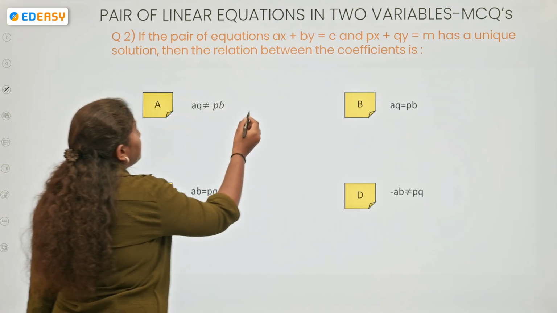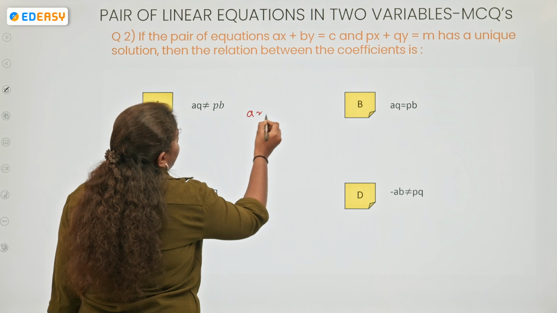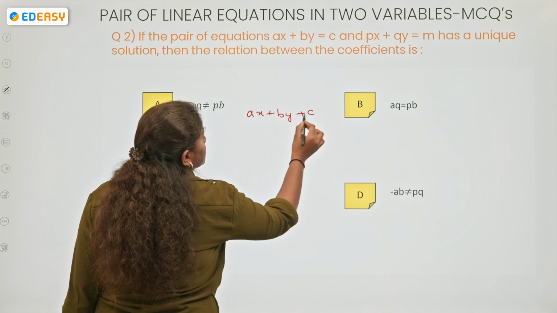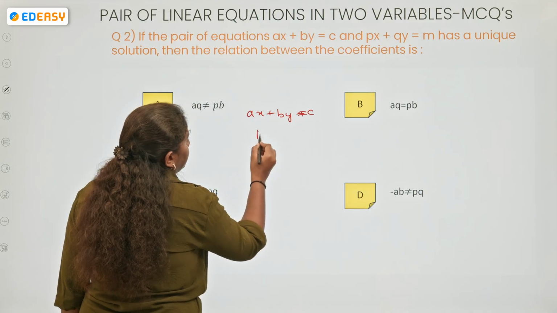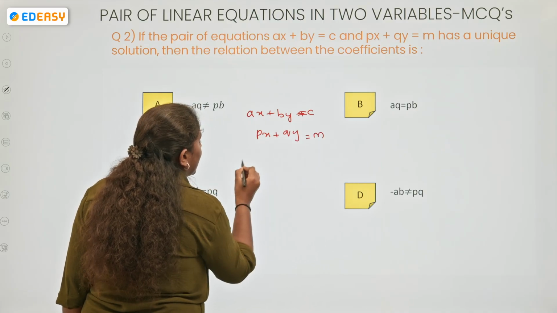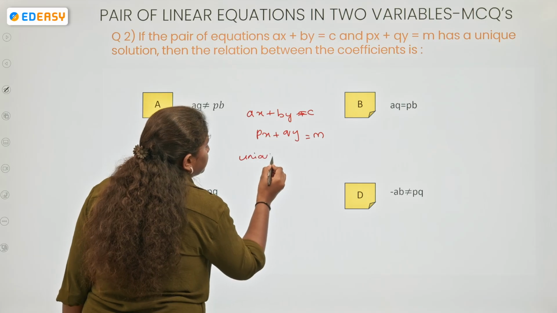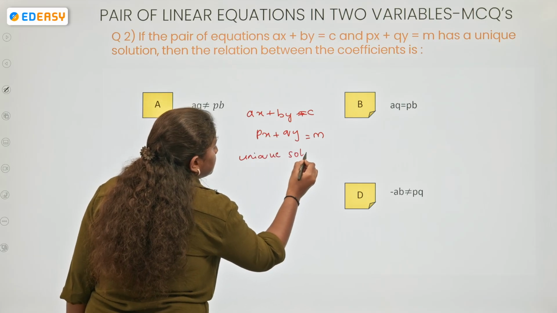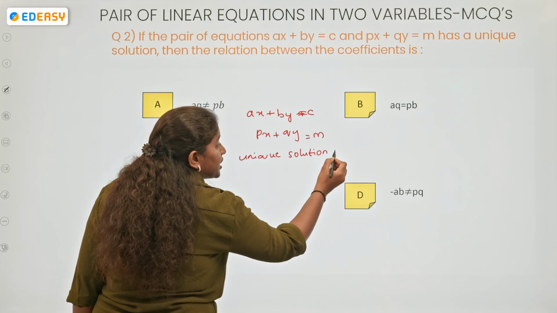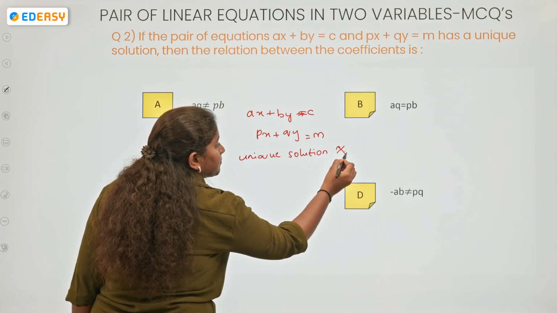So they gave the given pair of linear equations as ax plus by equals to c, and next px plus qy equals to m, and they have a unique solution. Unique solution means only one solution, right? One solution means we are having intersecting lines.